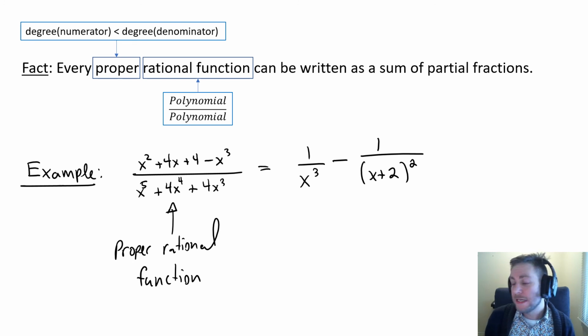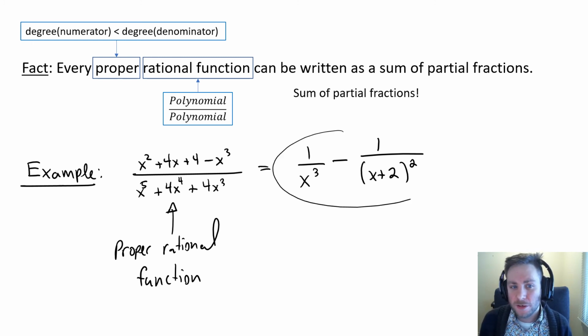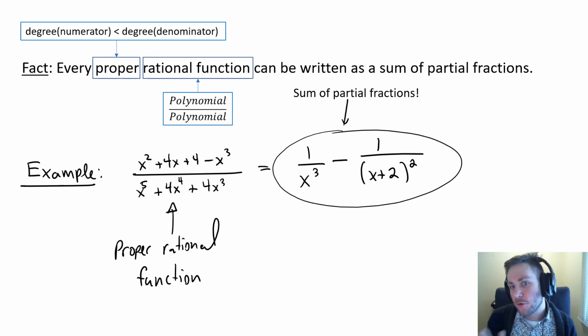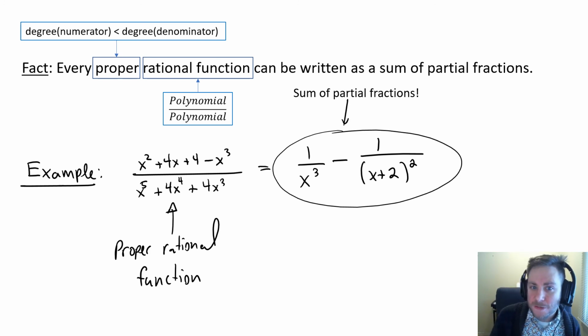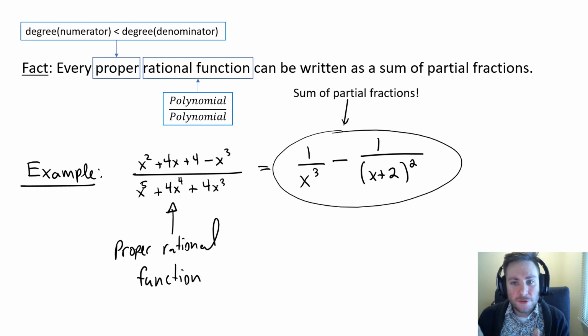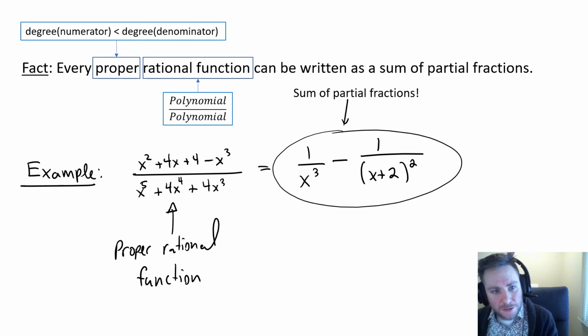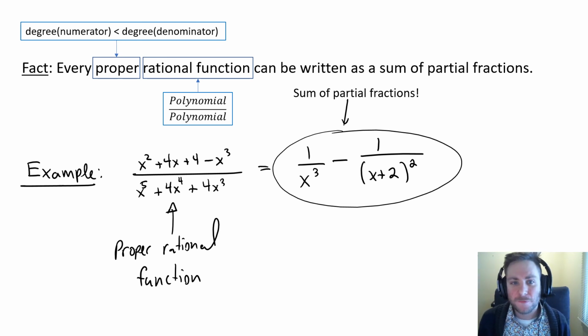And if you look at each of those two terms carefully, you'll see each of those matches the definition of a partial fraction. So this equality actually tells us that our proper rational function on the left is equal to the sum of partial fractions on the right. And that's exactly what the fact tells us that we should be able to do.